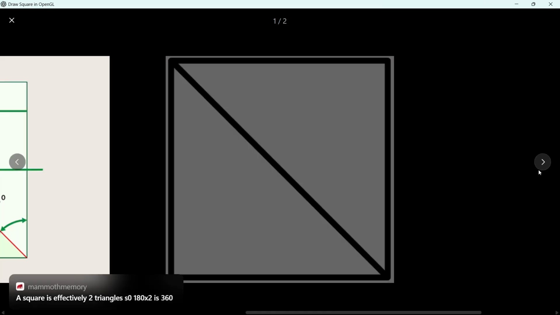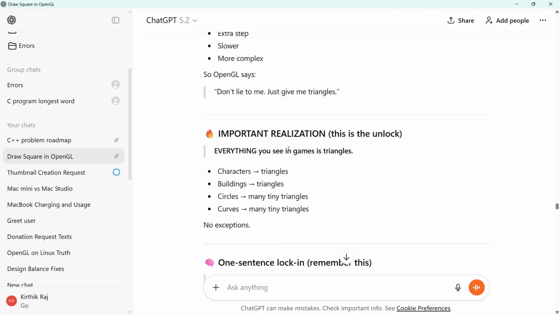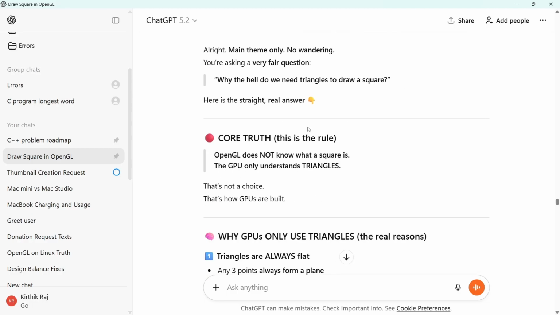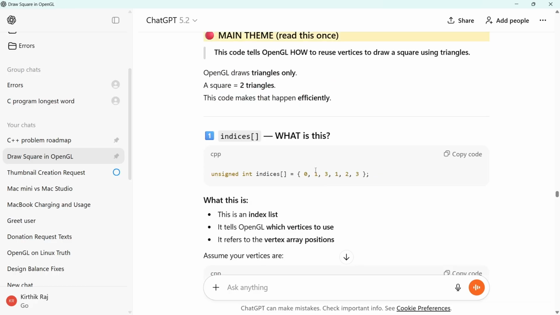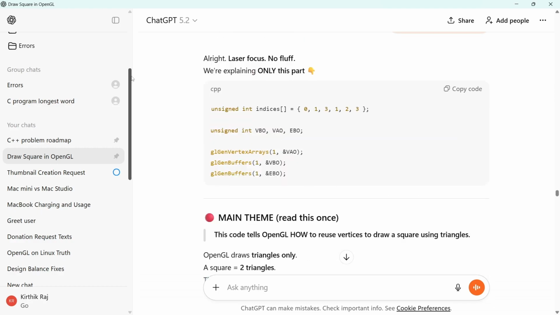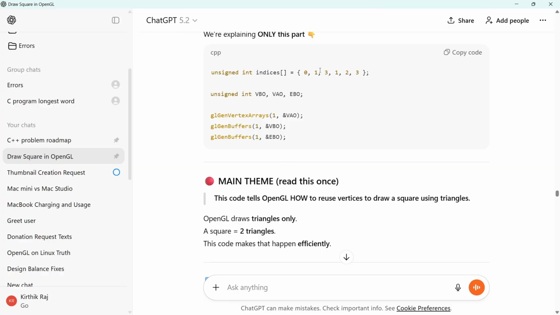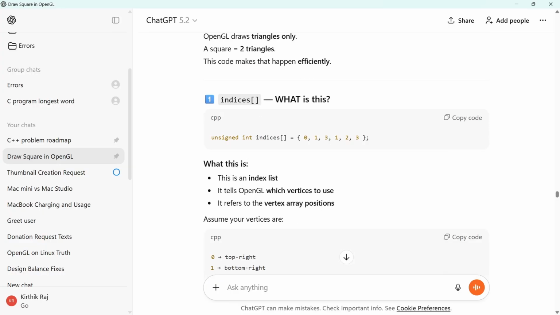Okay, this actually looks simple. It is what it is, so let's go. Yeah, we actually came here. This is an important thing. So unsigned, in unsigned, this is the index list.